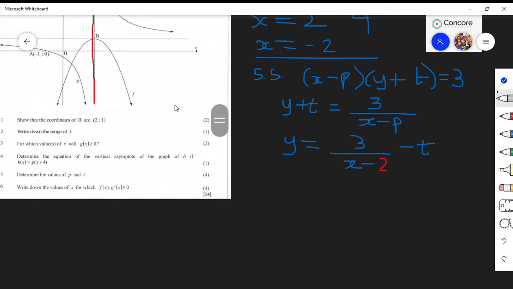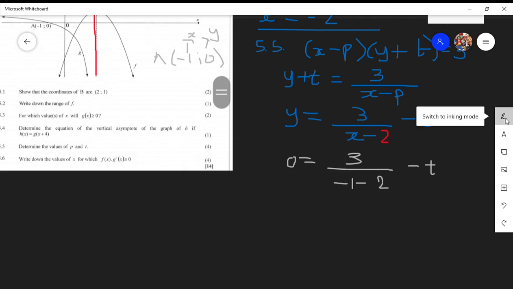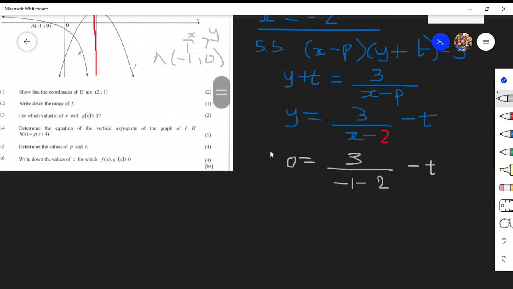So remember, a was negative 1 and 0. So this is the x value and this is the y value. So our y value is equal to 0 and our x value is equal to -1, minus 2, minus t. From there we can take t to the other side.